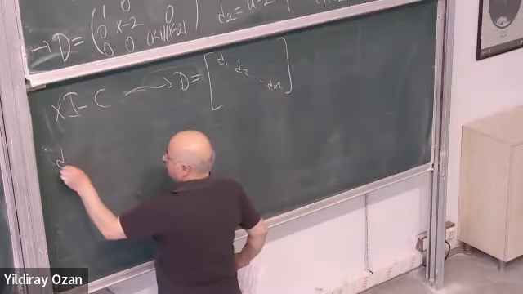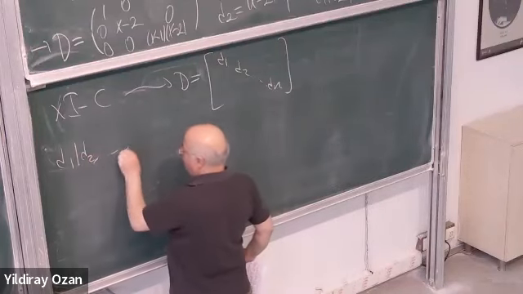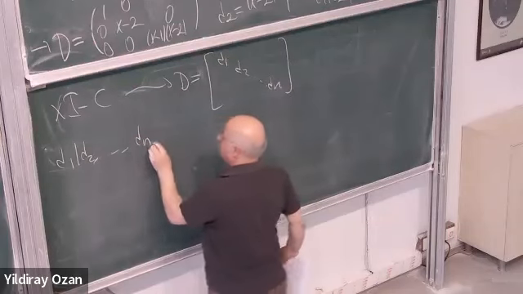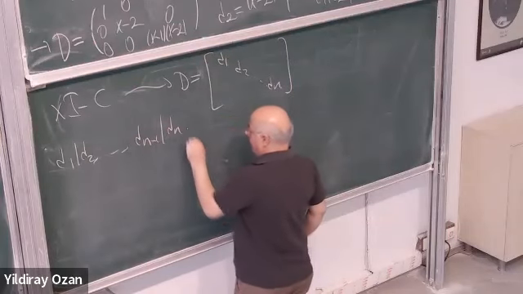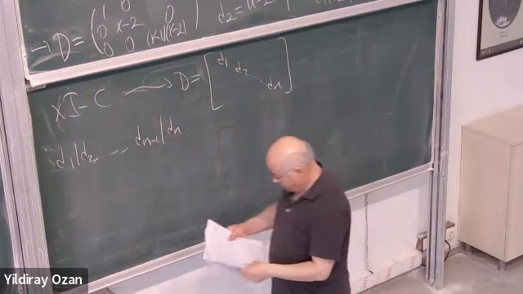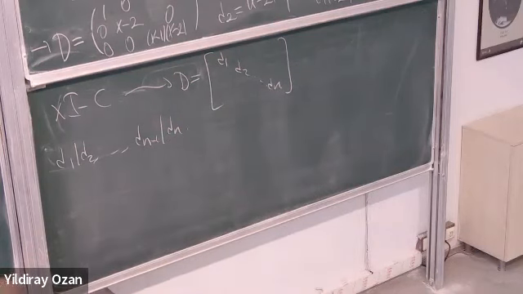Where D1 divides D2 and D n minus 1 divides D. All right. What else? Notlarımı karıştırdım. Şöyle yapacağım. Tamam.